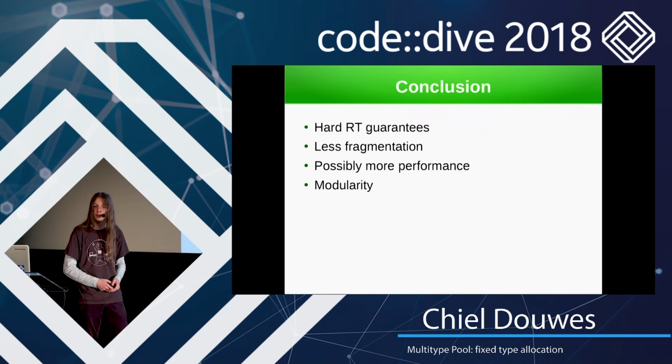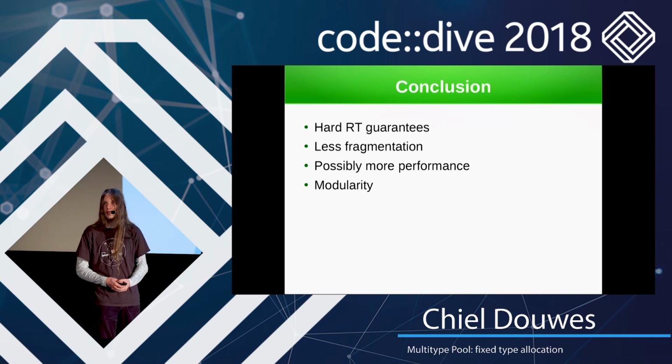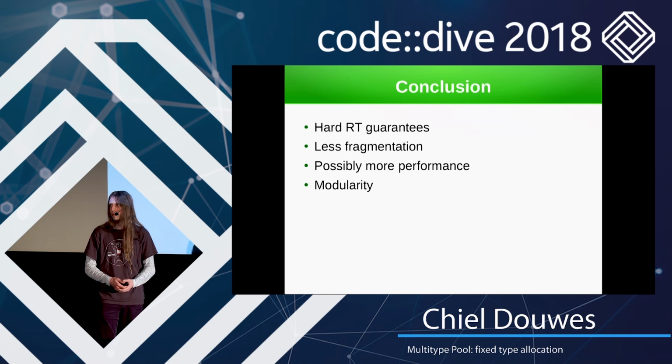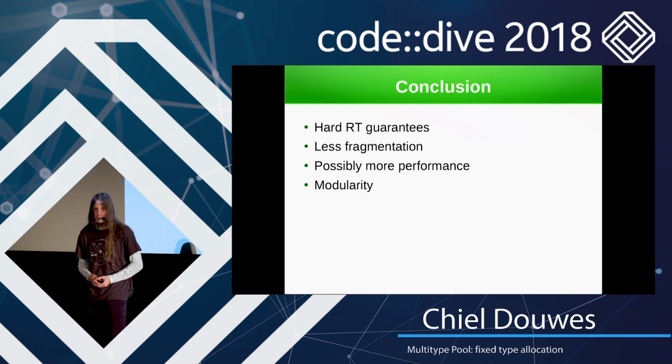So in conclusion, with the allocator, you can give hard real-time guarantees because you have a fixed data structure, and you have a maximum level of allocators without any polymorphism. You reduce fragmentation, and it might be possible to get more performance out of it, but I haven't really looked further into it.